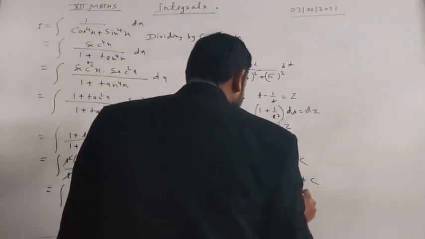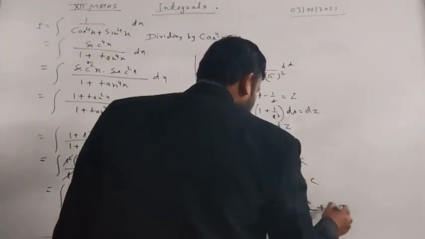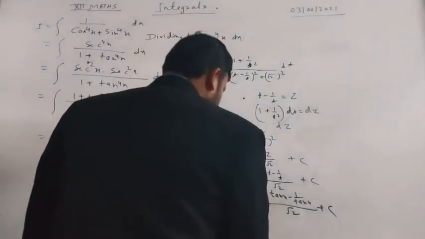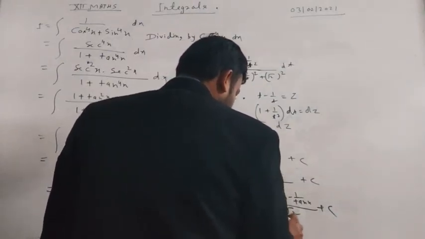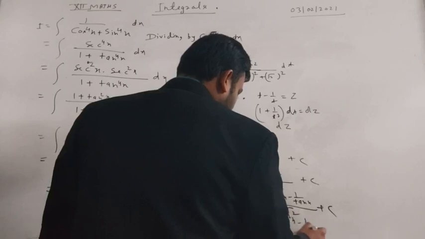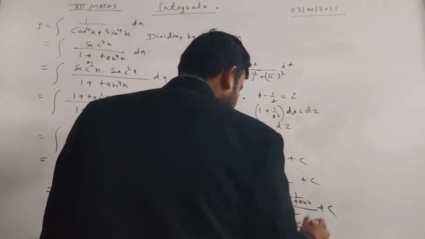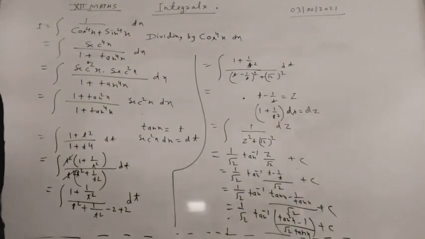So this is tan x minus 1 by tan x, by root 2 plus c. So when we take LCM, students, 1 by root 2 tan inverse tan square x minus 1 by root 2 tan x plus c. So I hope you understand, students. This will be our solution of this question.